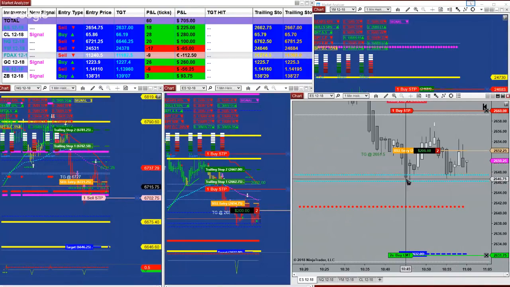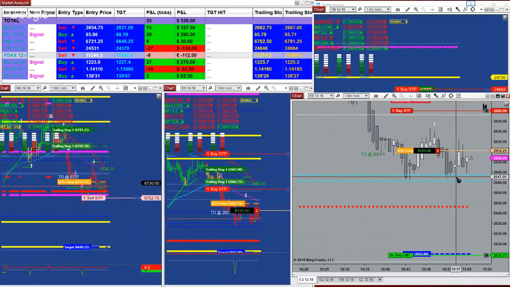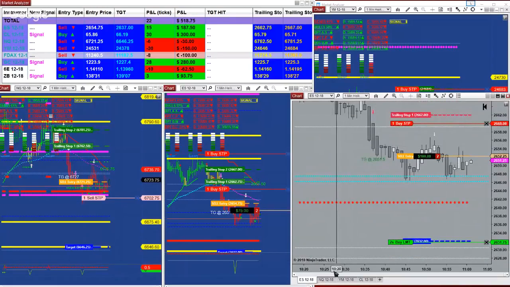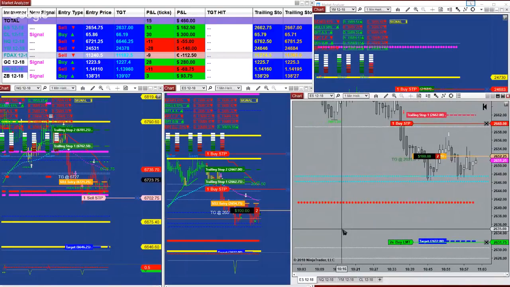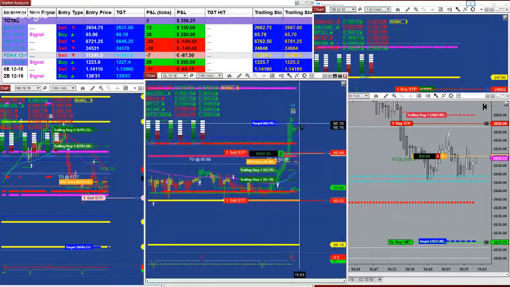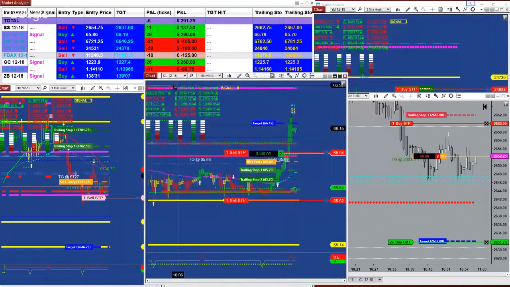And this ES is struggling to break this area here. There is nothing we can do with our power to push it, unless one of you is able to put 1,000 contracts somewhere and push it down. But the CL has already hit the target.